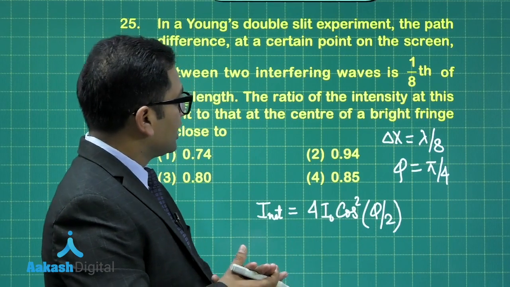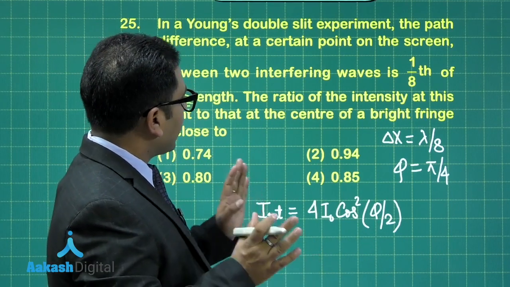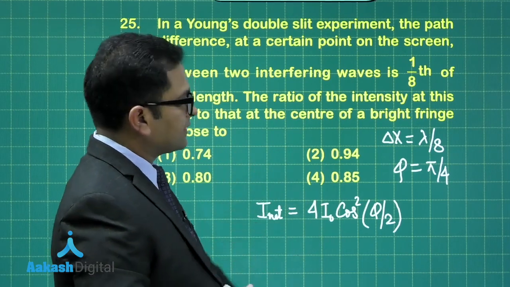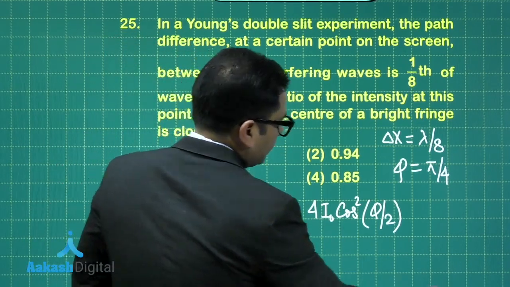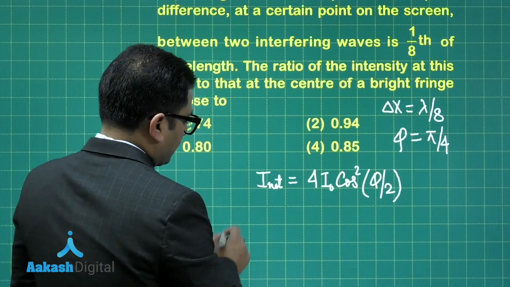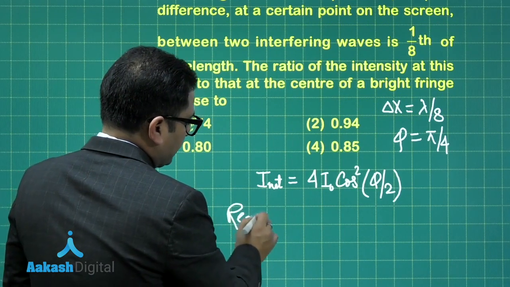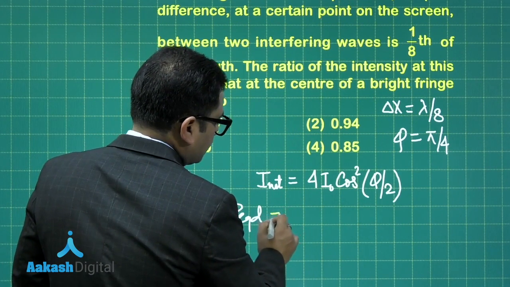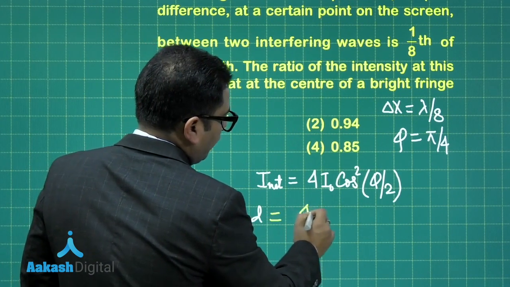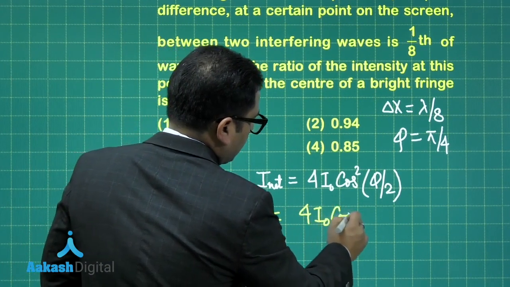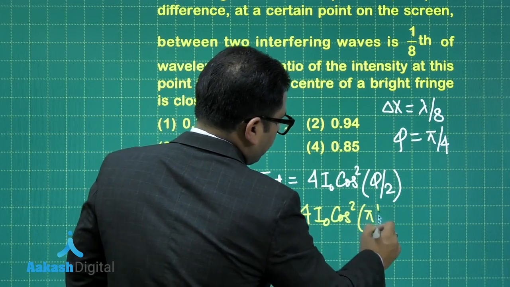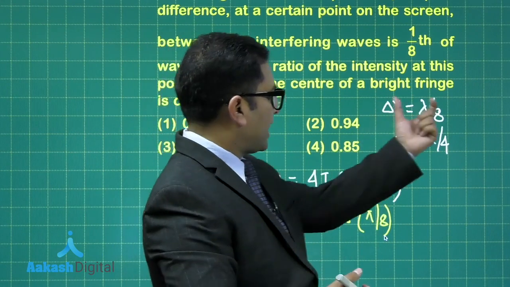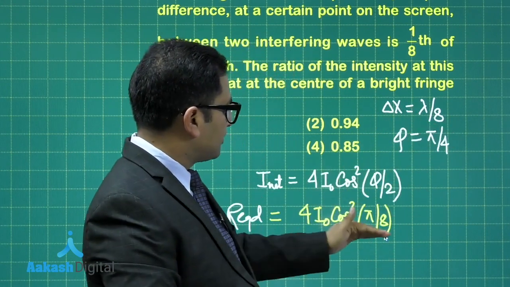That's the case now. All I need to do is calculate the ratio of intensity at this point to that at the center. But we need to move a bit carefully. So the required thing is 4 I naught cos square pi by 8, because at a given point where the path difference is lambda by 8, this will reduce to this.